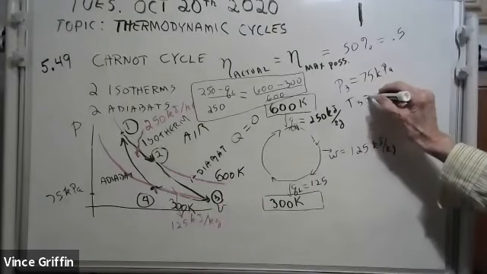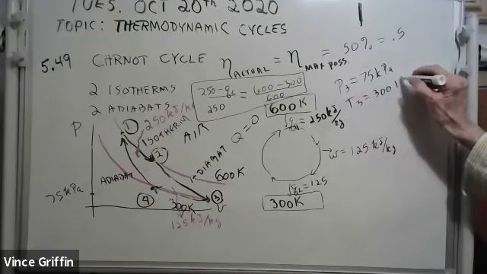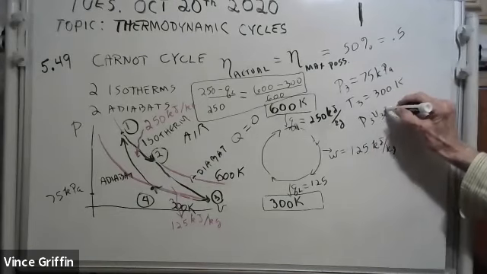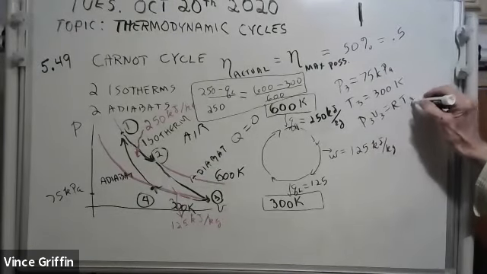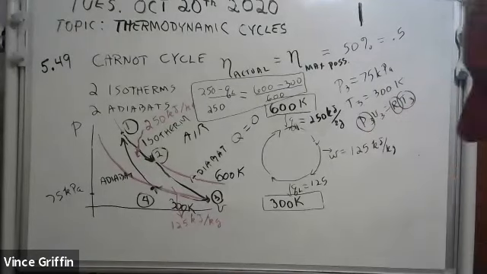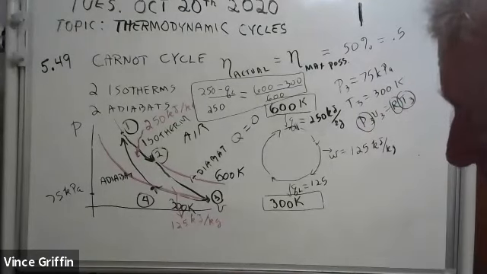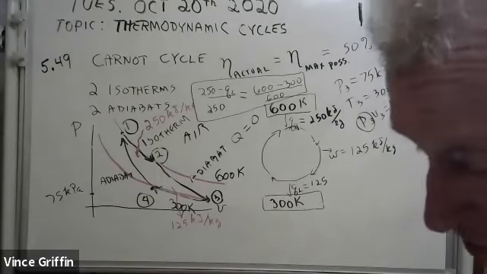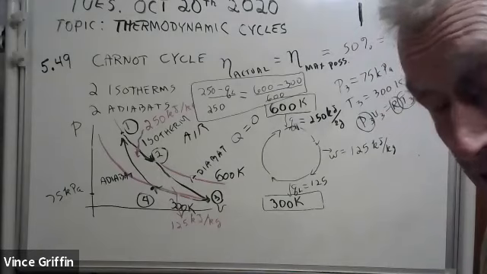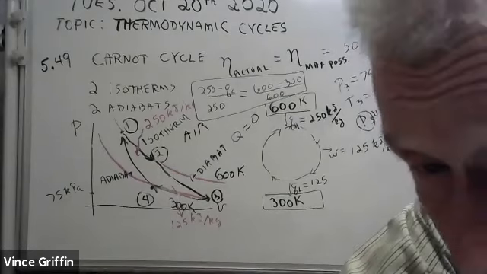T3 is given, it's 300 K. It's an ideal gas. So P3V3 is equal to RT3. And we know T3, we know R, and we know P3. So you can get the specific volume at state 3. And then I can show you how to get the rest. But we're out of time right now.